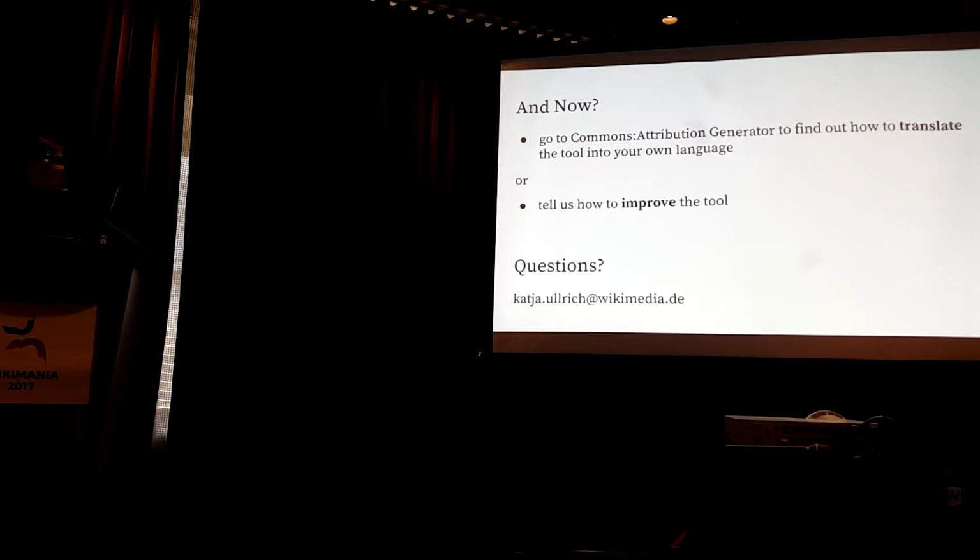Apart from that, the media viewer, the standard view on Wikipedia when you click on the image, also has an attribution tool. How does it differ from this? And if you remember, there was a lot of criticism of this part of the media viewer.